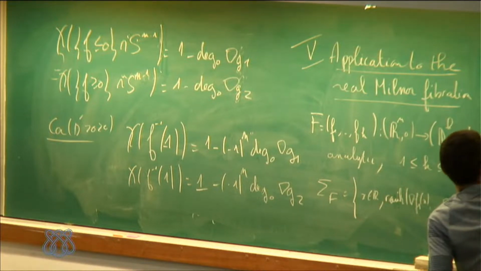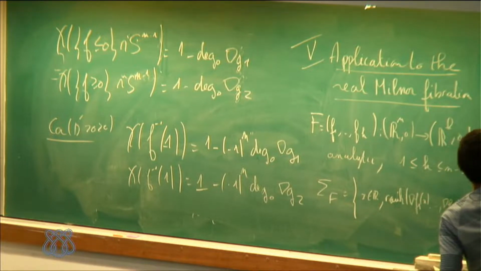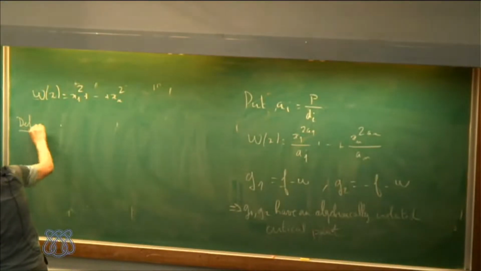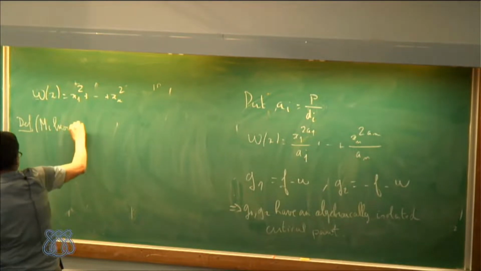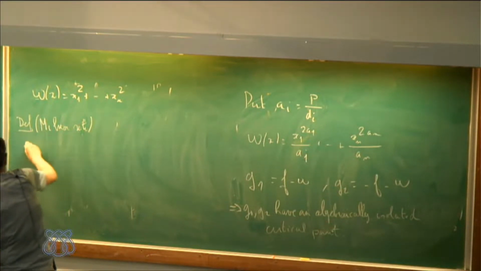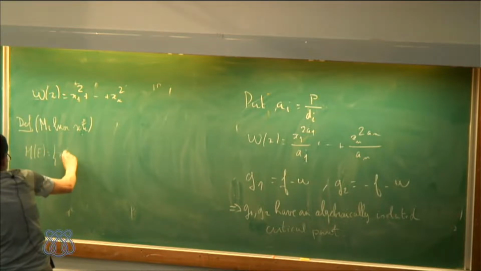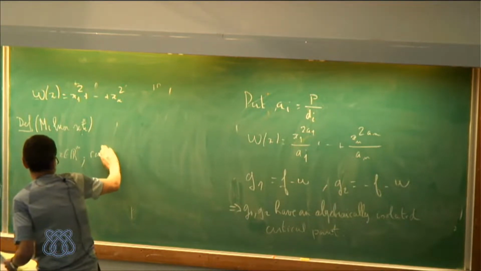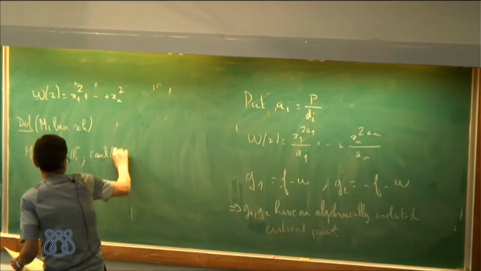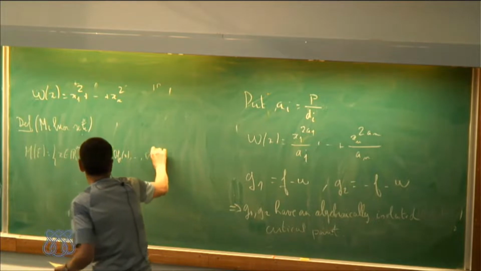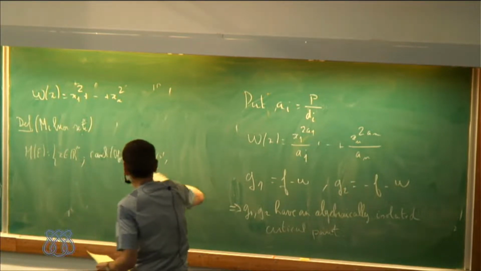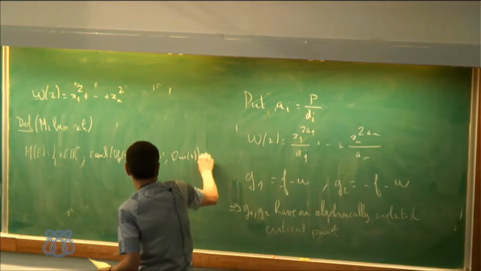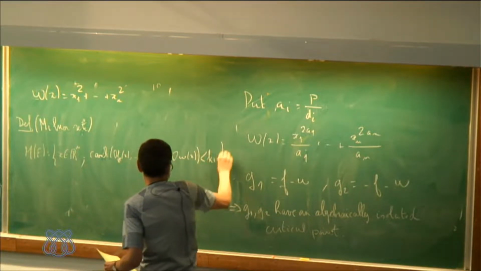So omega is still the square of the distance function to the origin, and the Milnor set is a set of points such that the rank of the gradient of f1, etc., gradient of fk, and gradient of omega, which is more or less x, is strictly smaller than k plus 1.